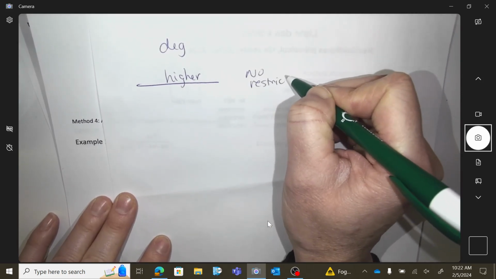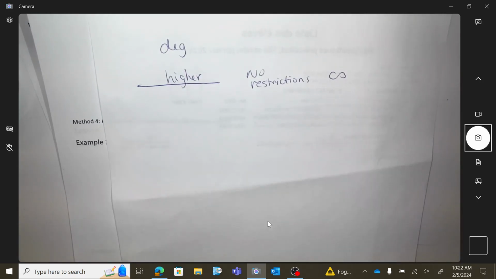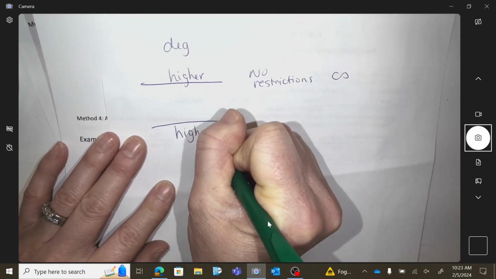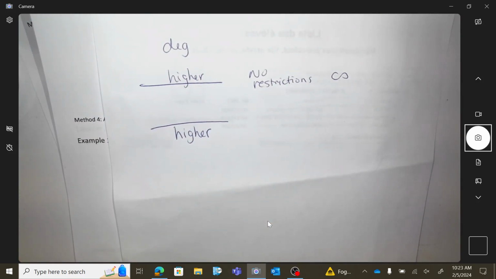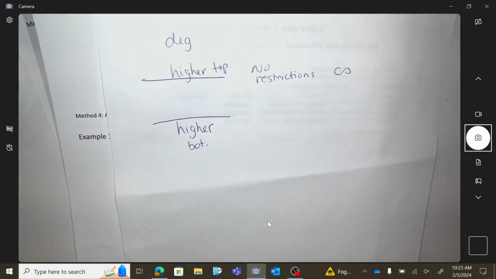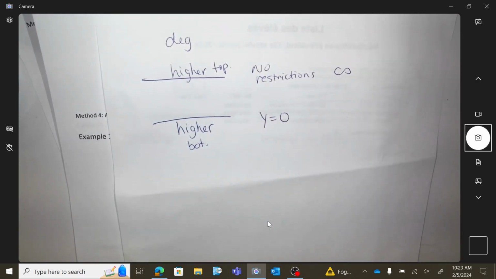So if you don't really have any restrictions, you can just be infinite, right? What if the degree was higher on the bottom? Yeah, horizontal, y equals 0. That's where we went to.